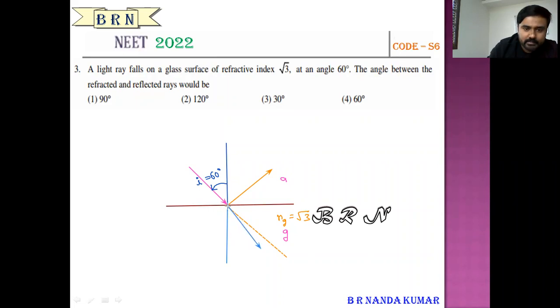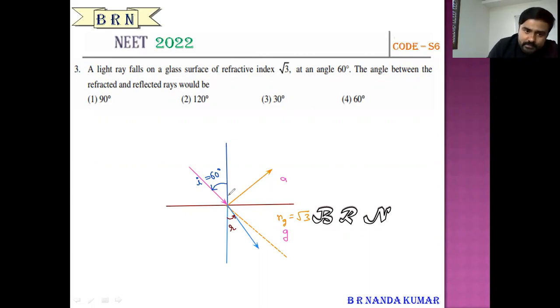So this is the refracted ray, it bends towards the normal. Right? So notice this is angle of refraction, angle made by normal to refracted ray.